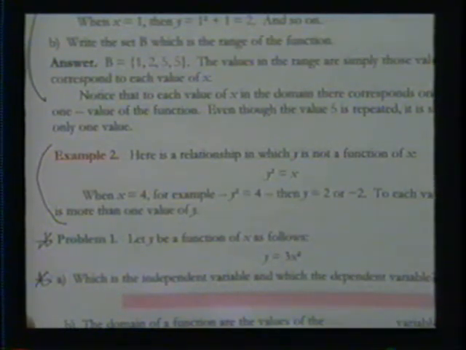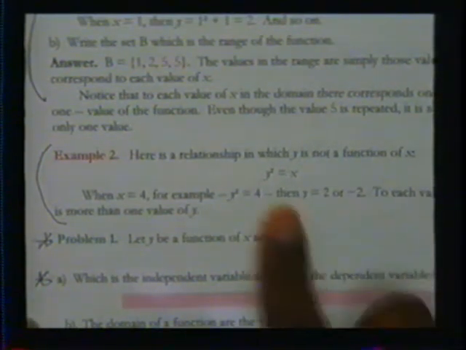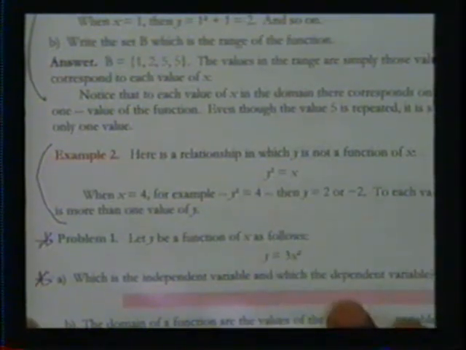So in this case, we have two values of y that we could have, because of the square. If you square a negative number, you will get a positive number, correct? Yes. If you square a positive number, you get a positive number. So this is one that we have to keep an eye out for.